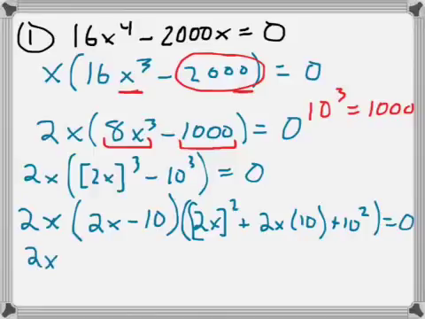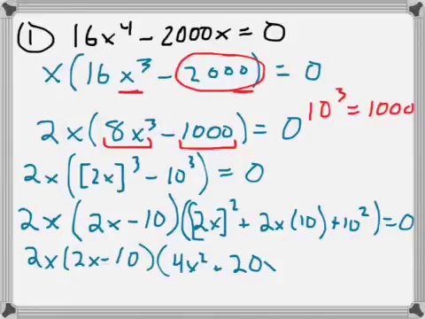So after cleaning that up, this is going to be 4x squared plus 20x plus 100 equals 0. So now to solve, I need to set each one of these three factors equal to 0.